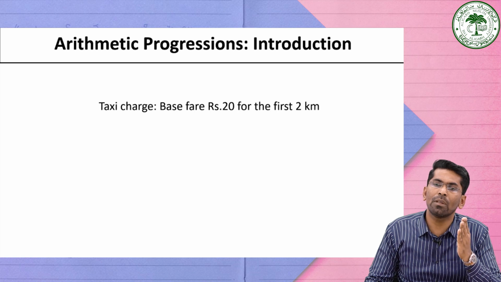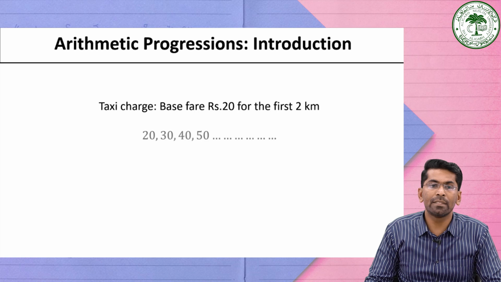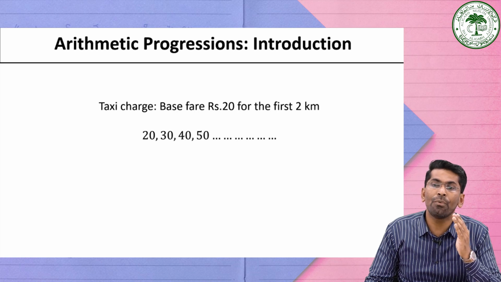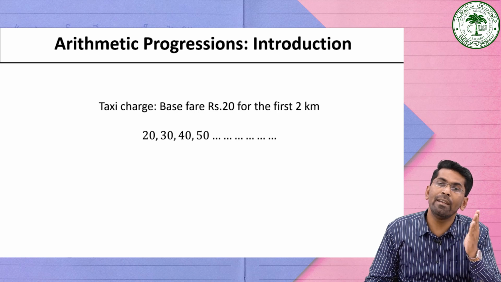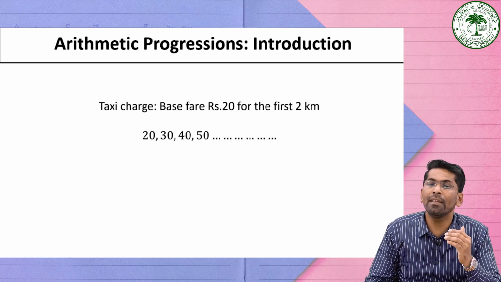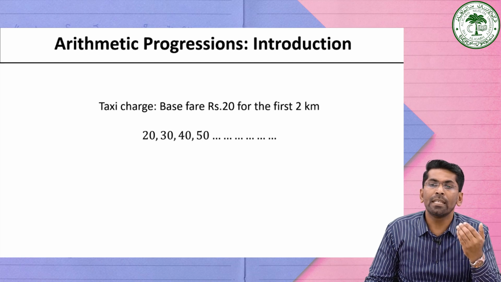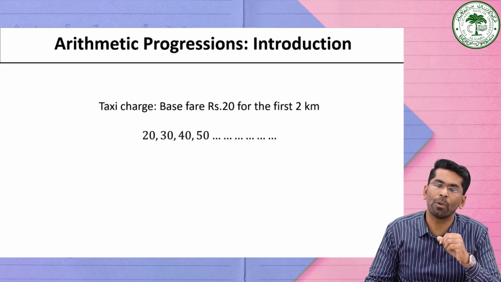So charges for the third, fourth, fifth kilometer will be 30, 40, 50, etc. We can observe that these taxi fares form a pattern in which we get the next fare by adding a fixed number to the previous fare. Such a sequence of numbers is said to be an arithmetic progression.